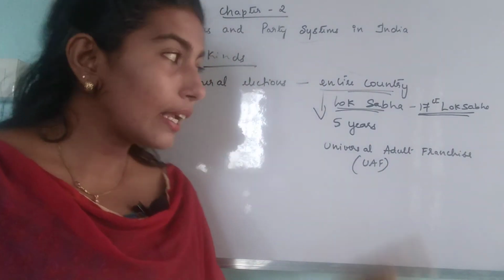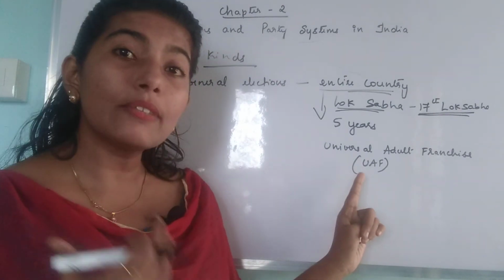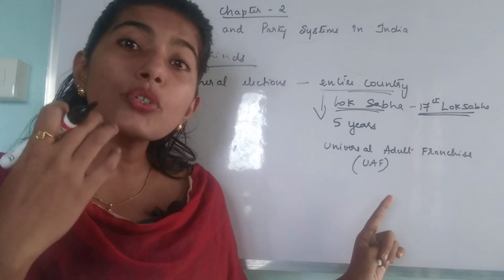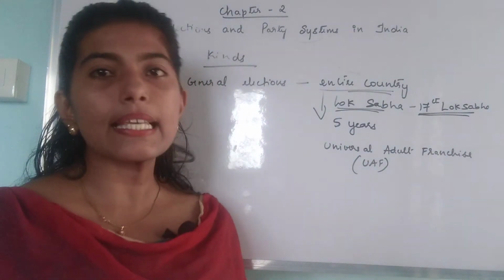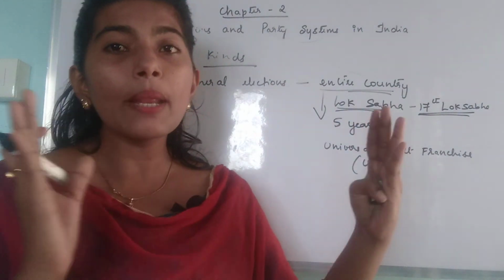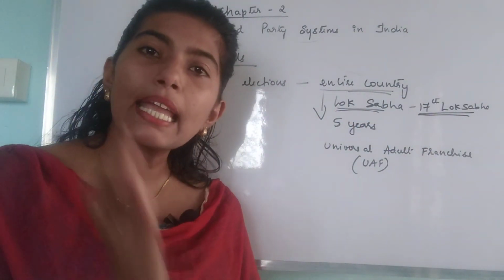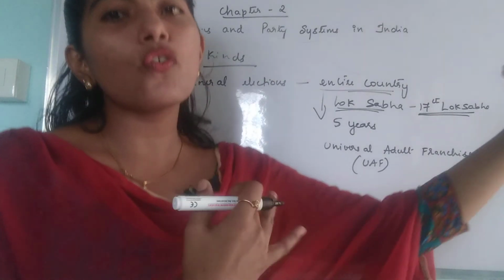Universal Adult Franchise means that without any discrimination, every person who has completed the age of 18 years goes for election.